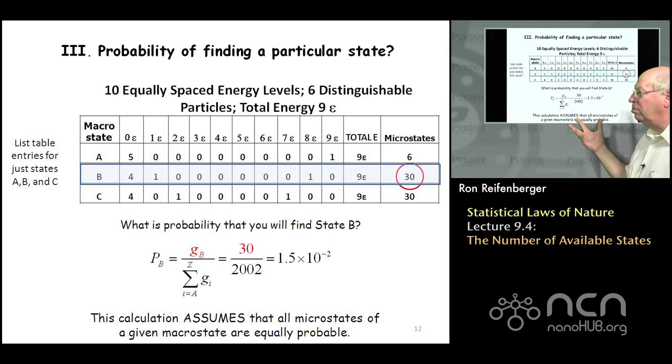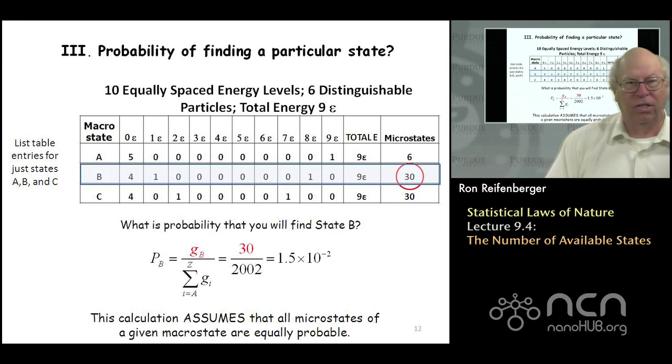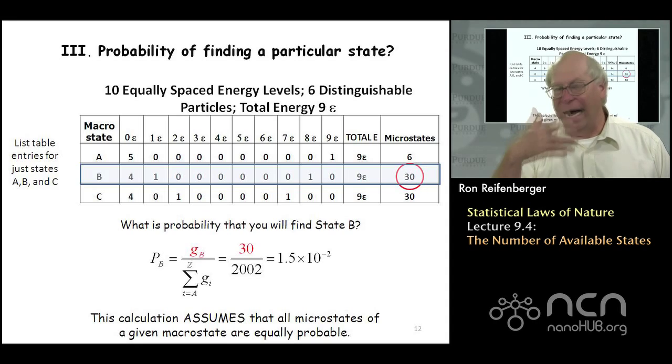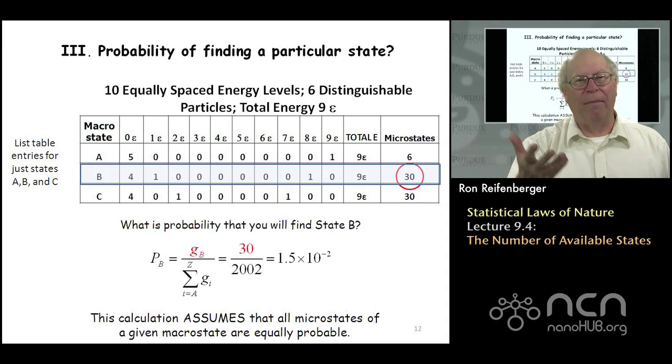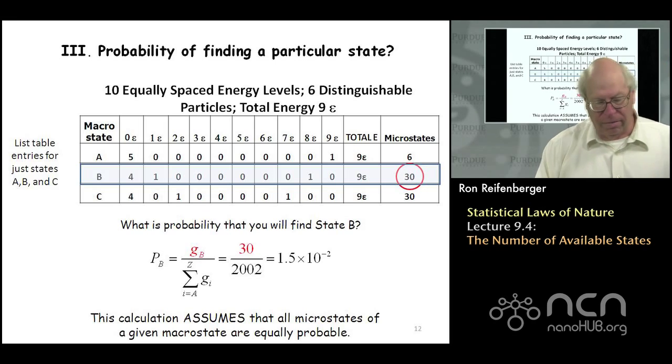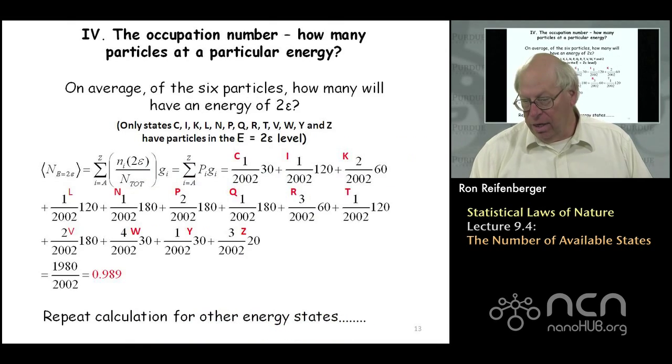This assumes that all these microstates for a given macrostate are equally probable, and that's a very reasonable assumption at this point in the discussion. So you can calculate the most probable macrostate that you find in the system. The most probable macrostate is going to be the macrostate that has the highest total number of microstates.